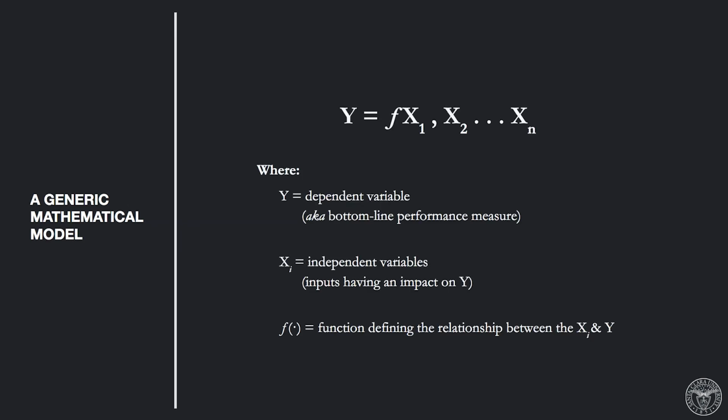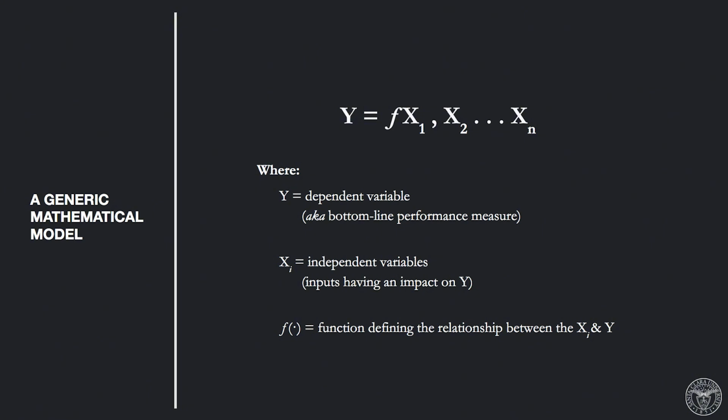If we go to a more generic mathematical model, we can have y equal to f(x1, x2, x3, x4, and so on until xn). In this very generic function, y is the dependent variable. Sometimes we also call it the bottom line performance measure. The x1, x2, sometimes generalized as xi, are the independent variables.